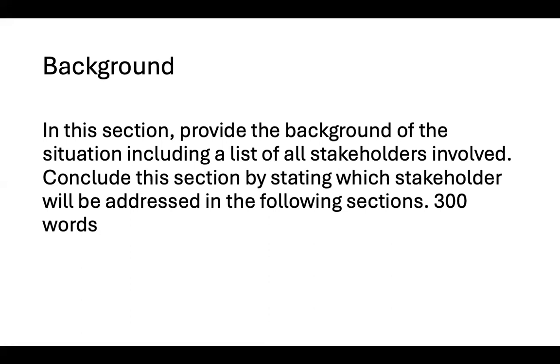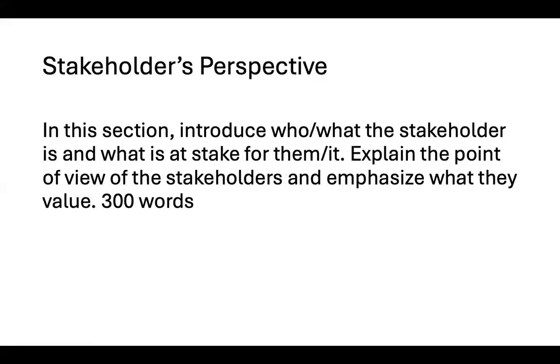After we know what's going on, after we know who's involved, then you want to conclude by making it clear what stakeholder is going to be discussed, or who you're making a case for. However you want to make that happen, just make sure those three elements are there and that it's clear why the subsequent information is going to be looking at this specific stakeholder.